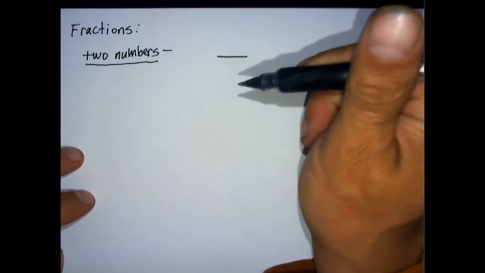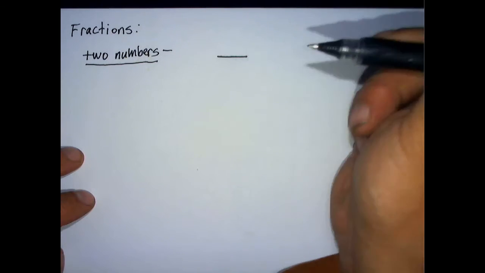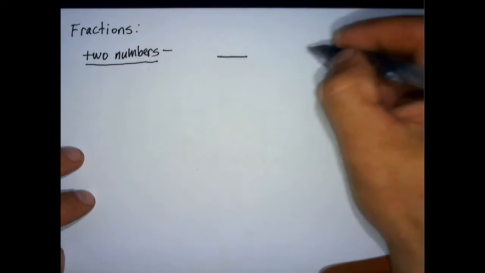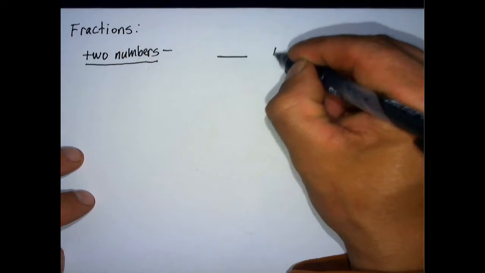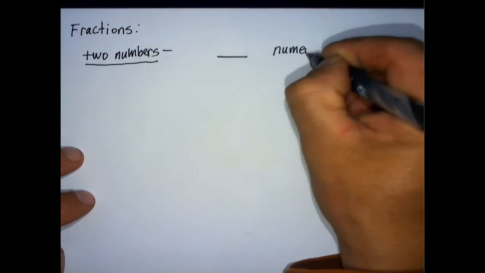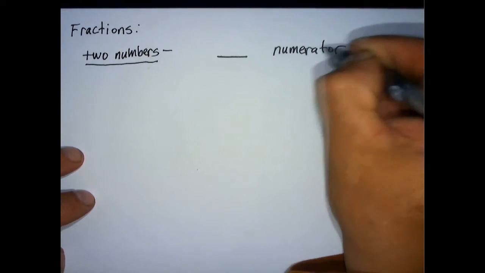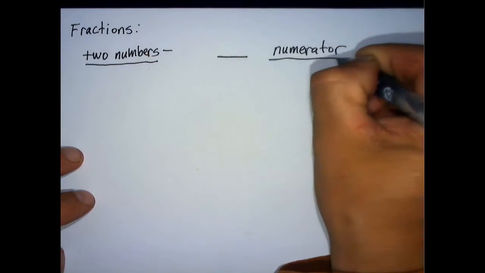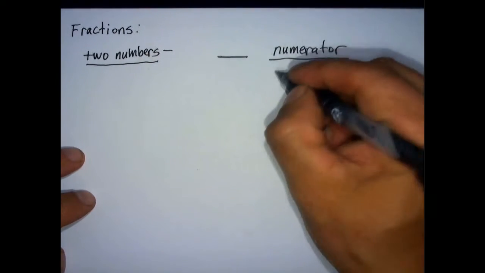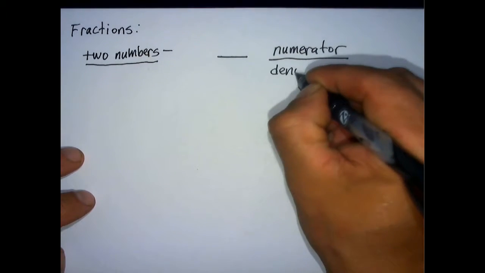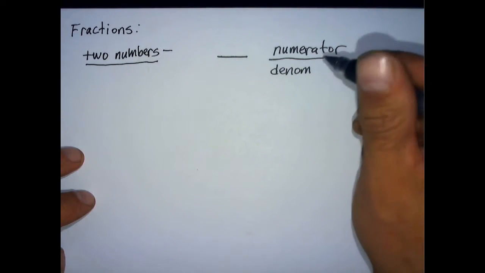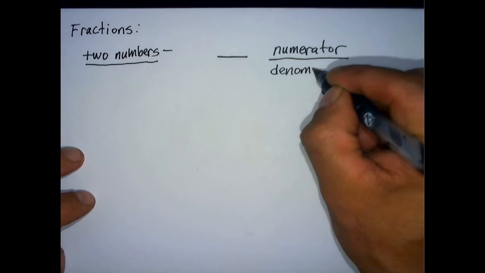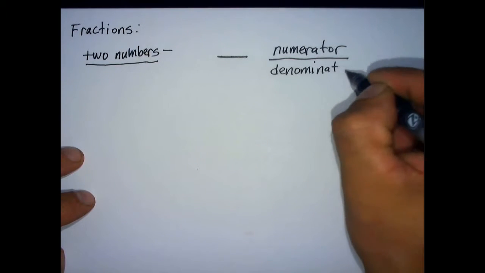A lot of people call them that because they're smaller words. But the number on the top is the numerator, and the number on the bottom is the denominator. So now we have words, and we don't need to use top and bottom.